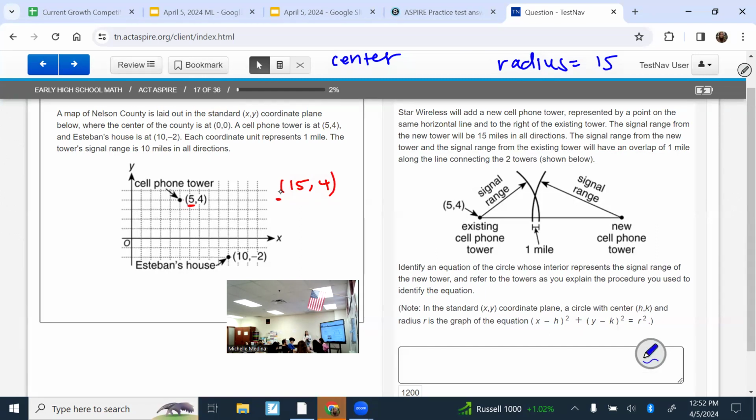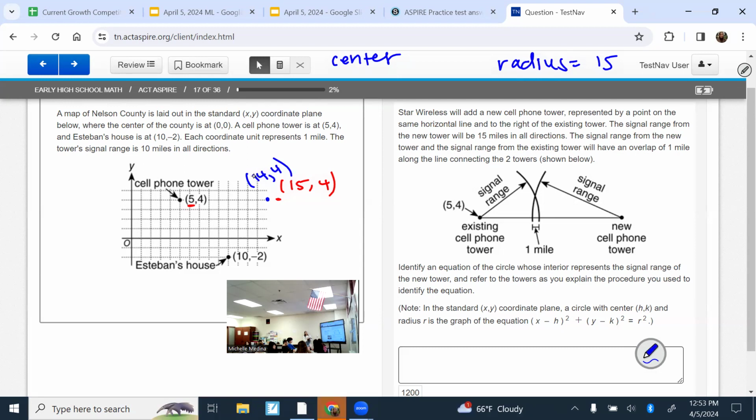They said that there's an overlap of 1 mile with the new tower. So my new tower must start then right here. Or like that's where its edge is. Which is at 14.4. Everyone with me so far?